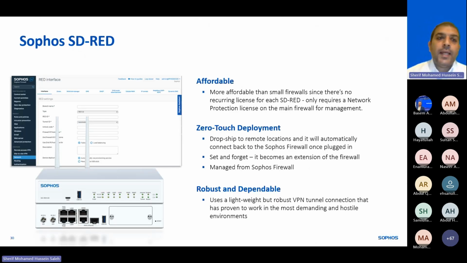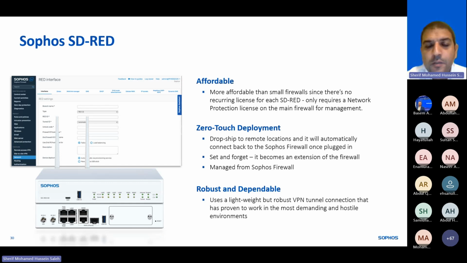When we come to the SD-WAN option, a lot of customers are looking to extend their firewalls to their branches and have easy connectivity options to connect remote users or remote branches to their firewall. Sophos provides the SD-RED device, which is a very small plug-and-play device. Just configure its serial number on the firewall, and the device connects directly to the firewall, and from the firewall you can configure everything related to this device.